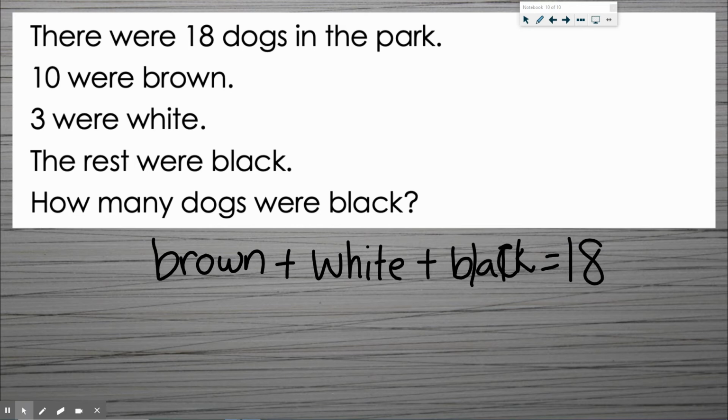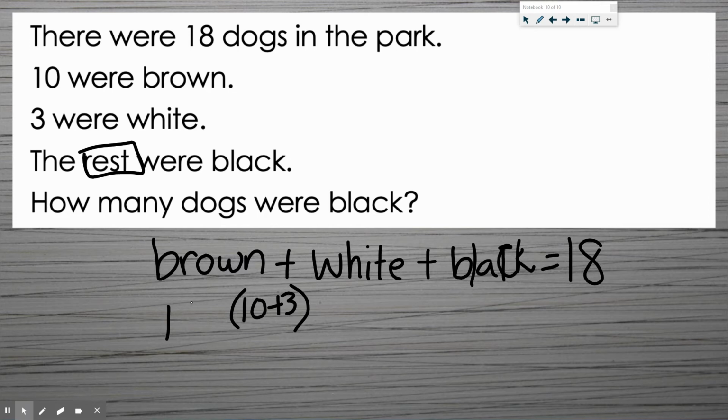So I know the total, and that's what I'm going to start with, and I'm going to take away what I know the brown and white were. So I need to know how many brown and white dogs there were. I can find that out by doing 10 plus 3. And it says the rest were black, so I have to figure out the difference.